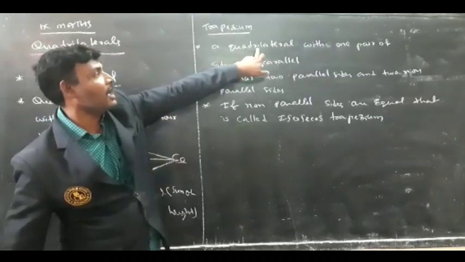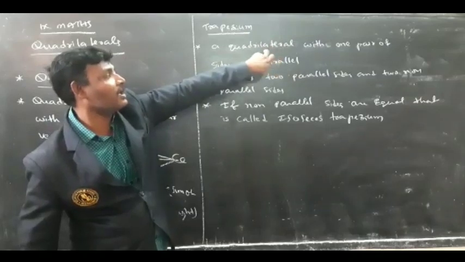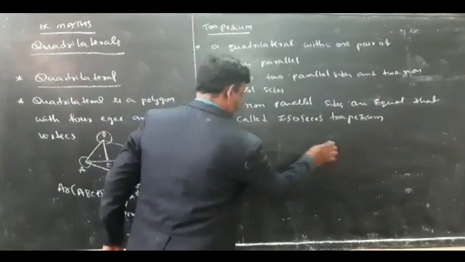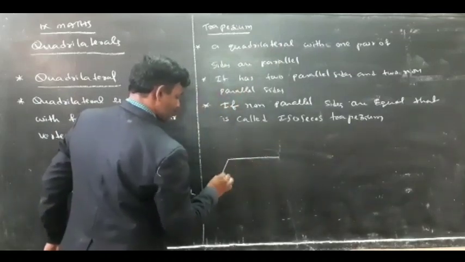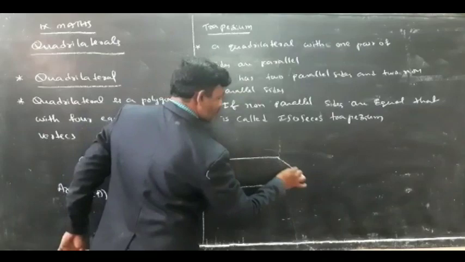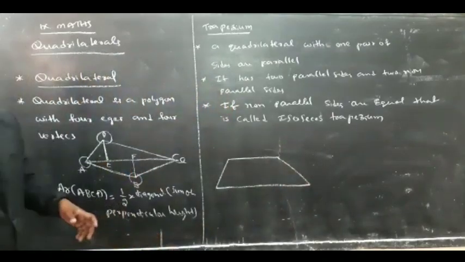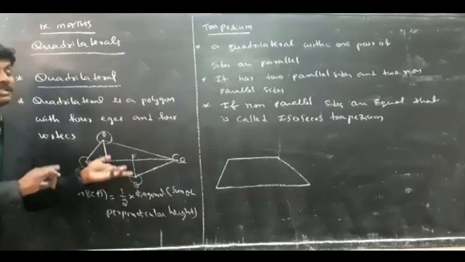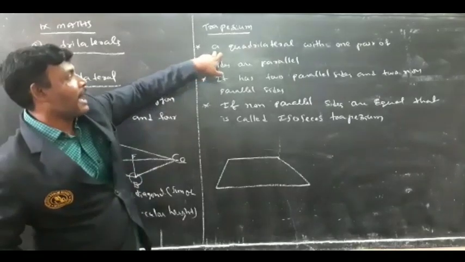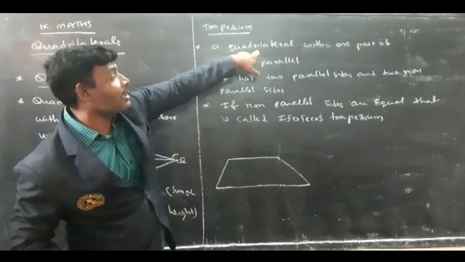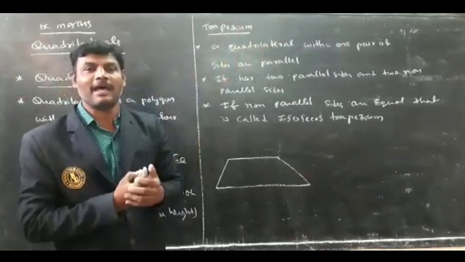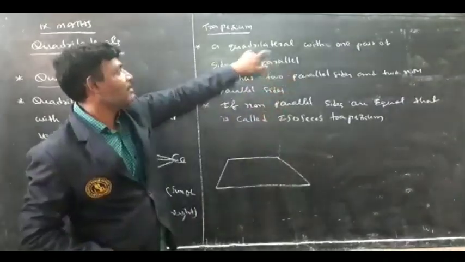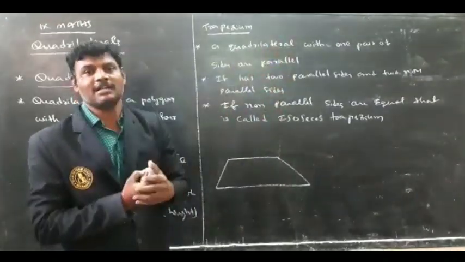A trapezium is a quadrilateral with one pair of sides parallel. So a parallelogram is also a quadrilateral, and a trapezium is also a quadrilateral with one pair of sides parallel.